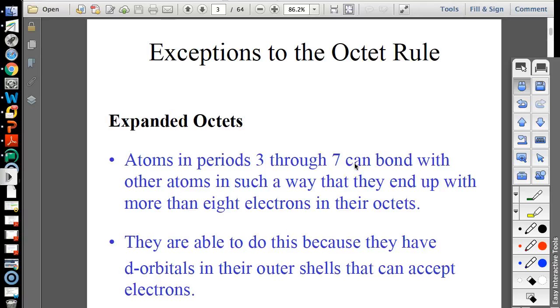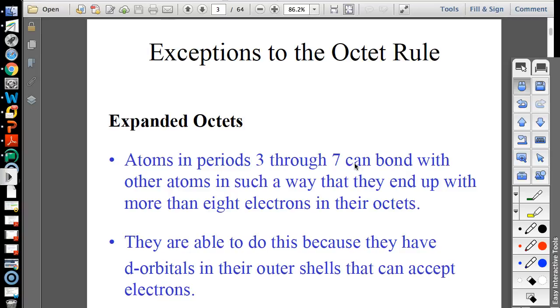And then most of them that are exceptions to the octet rule actually have expanded octets. If you look up at the periodic table and look at the 3rd period, sodium all the way through argon, that 3rd energy level can have expanded octets. Phosphorus and sulfur are the 2 most notable ones for doing this.